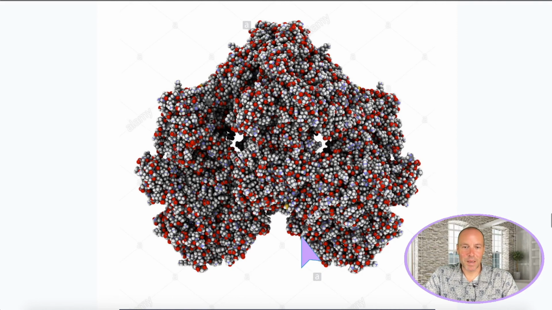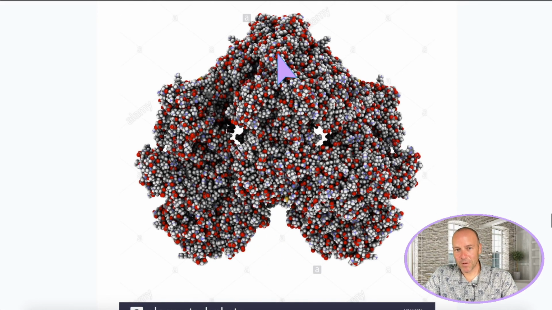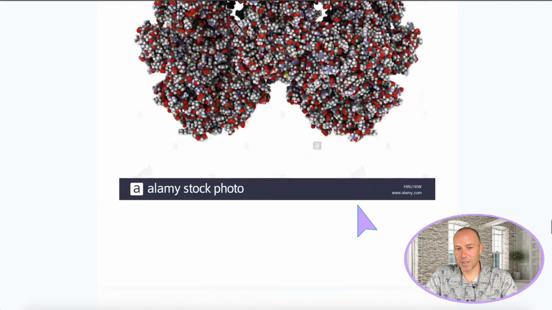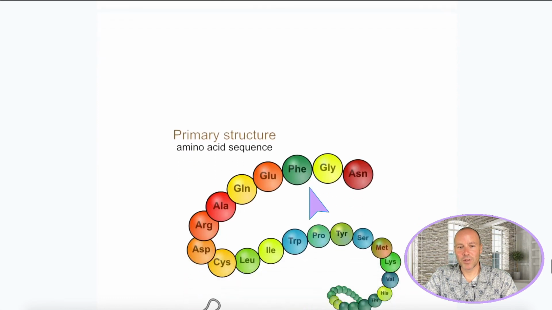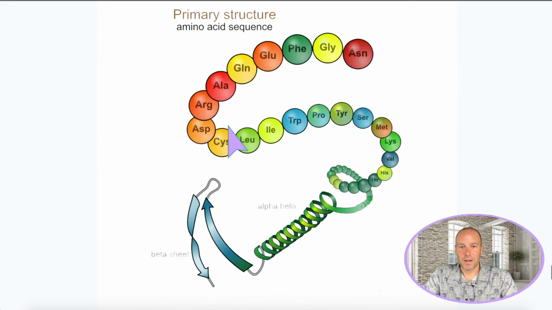Enzymes have an interesting structure. They're actually made of amino acids, and it's hard to see here, but this is a long chain of amino acid molecules that are attached together. There are different types of amino acids, and they attach together in a long chain, and this chain folds up into a nice, interesting structure.